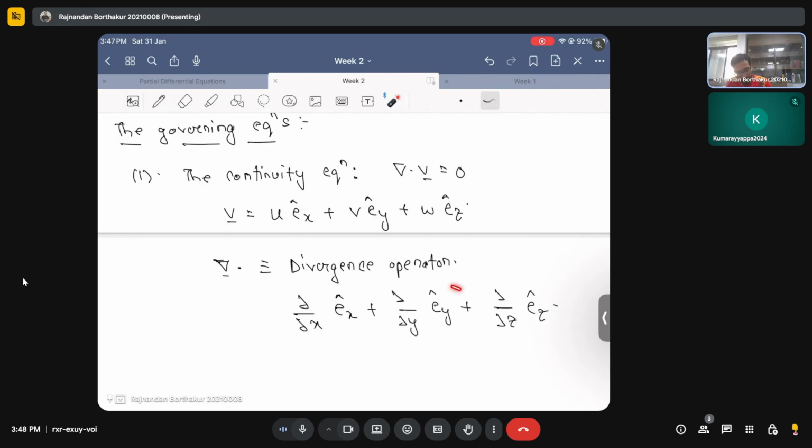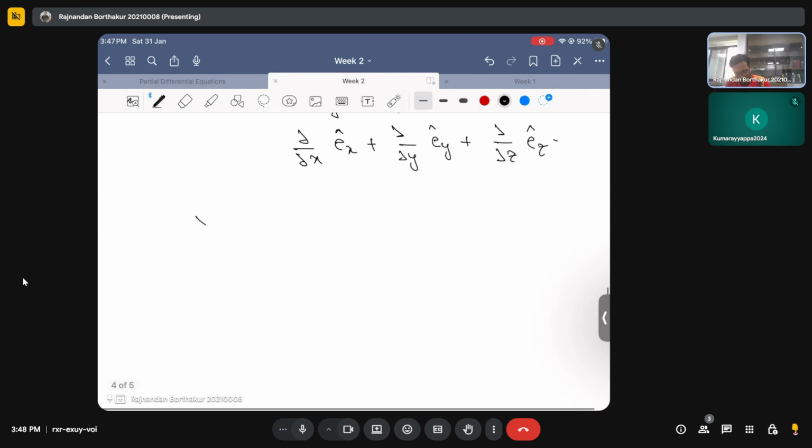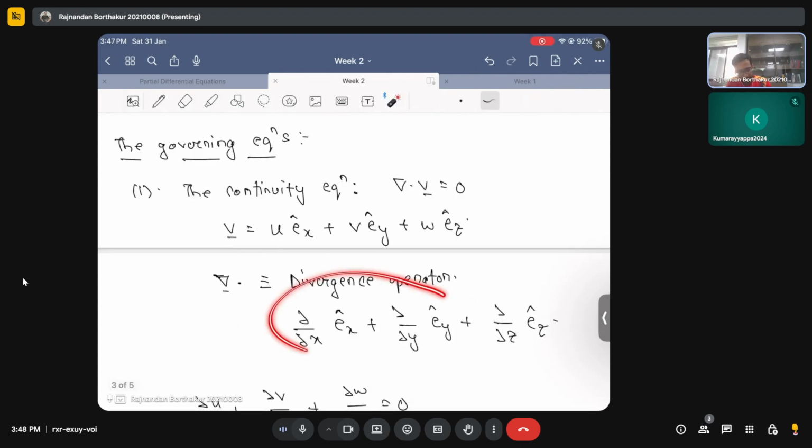If you operate this on the vector field v, you just need to take a dot product between the two. That will give you non-zero components, which look like ∂u/∂x plus ∂v/∂y plus ∂w/∂z equal to 0. It's just a simple dot product. That's all that we are doing.